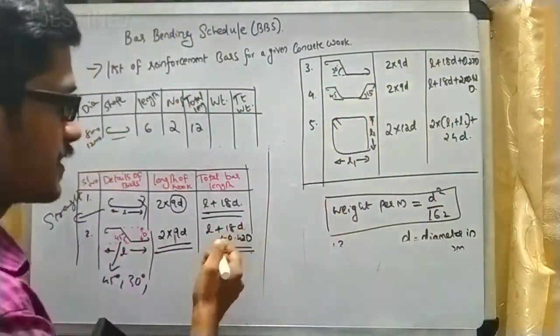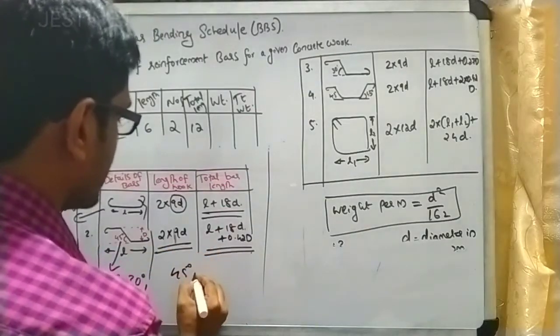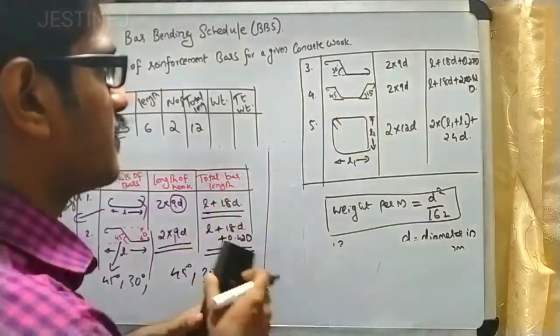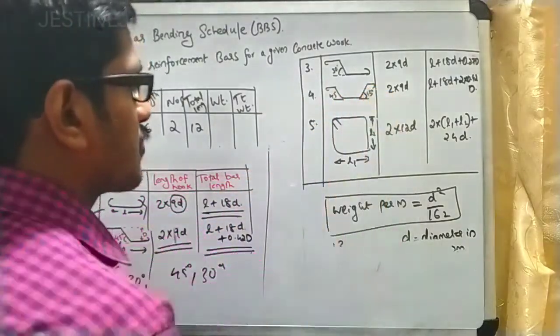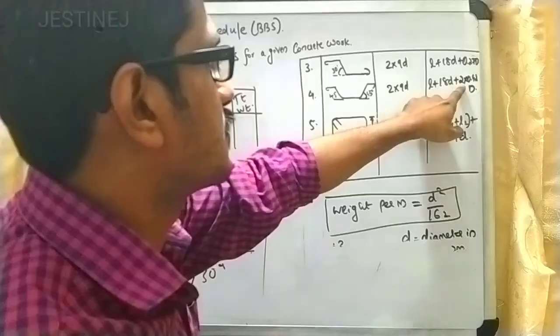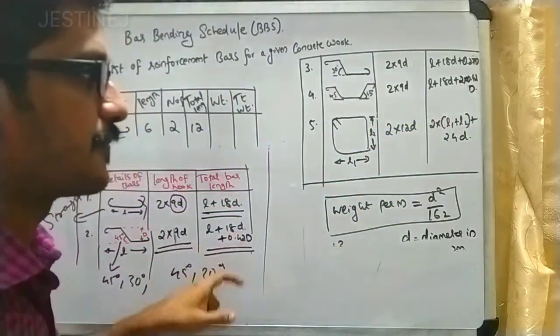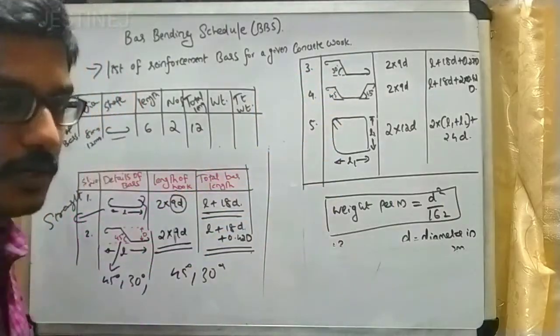That is the only difference between the 45 degree and 30 degree cases. And if both sides provide 45 degrees, then it is going to be 2 times 0.42d. These equations you have to know by heart.